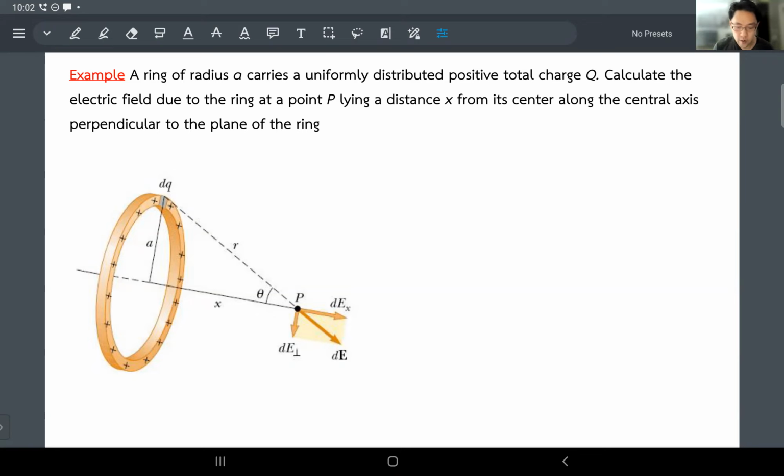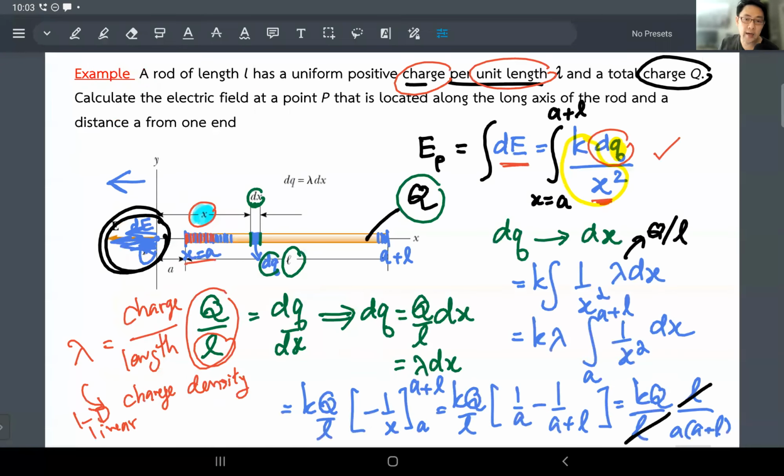All right. So just a brief flashback. If you remember what we did last time, we were calculating the electric field from a charge continuously distributed in a rod of length L, oriented along the x-axis.